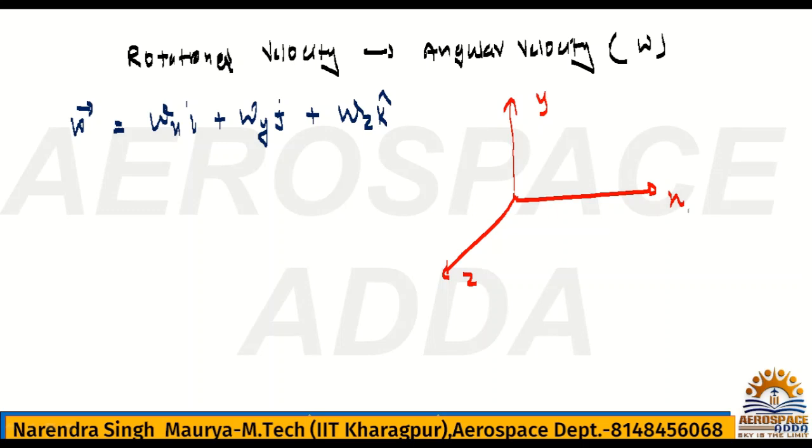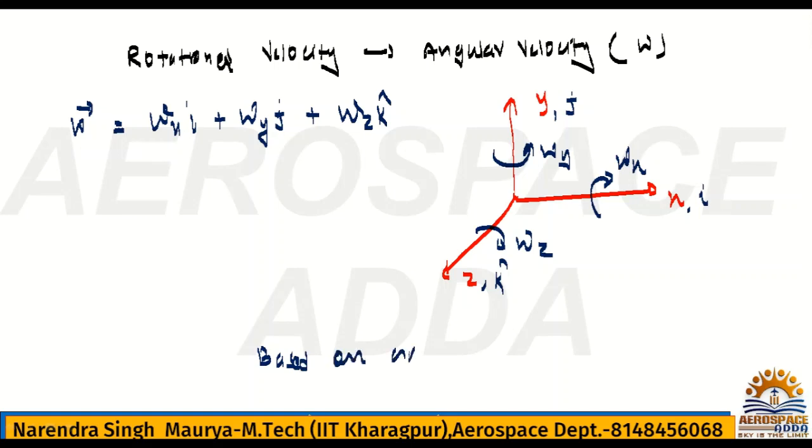So here we have i, here we have j, here we have k. If it rotates about the x axis, it will be called omega x. If it is rotating about the y axis, it will be omega y. If it is rotating about the z axis, it will be omega z. That is based on axis. Okay. Rotational velocity here you have written based on axis.